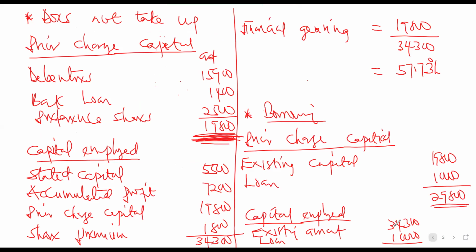Okay, what is the right issue? It is where an option is given to the existing shareholders of the company. Okay. So if the option is given to them, what would they do?